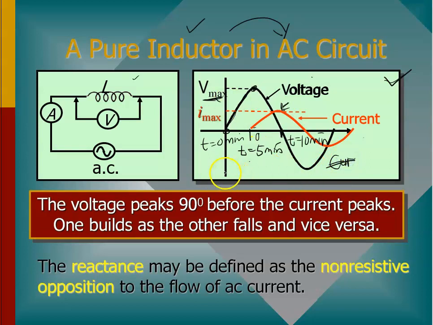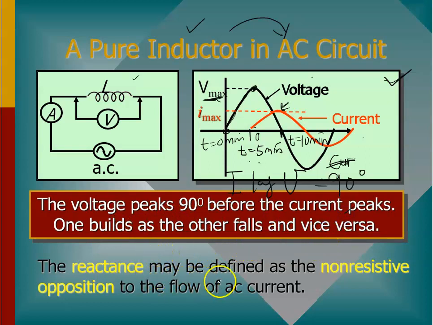The current actually lags behind the V by 90 degrees of theta. As you can see, the voltage already has a value at t equal to 0 minutes, but the current only starts at t equal to 5 minutes. So the voltage peaks 90 degrees before the current peaks, and one builds as the other falls and vice versa.